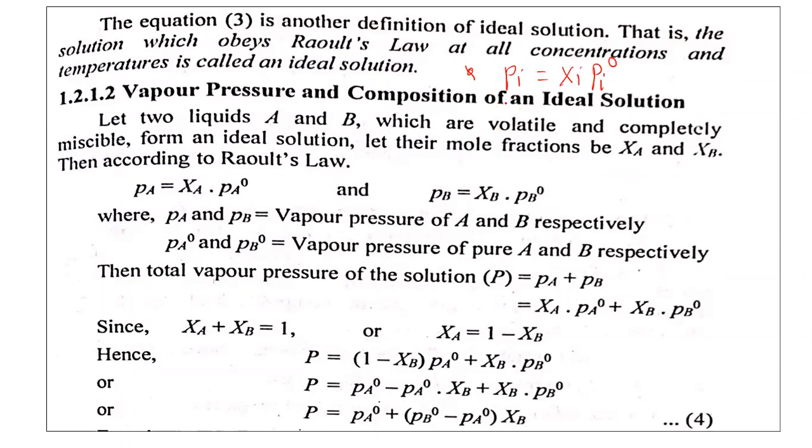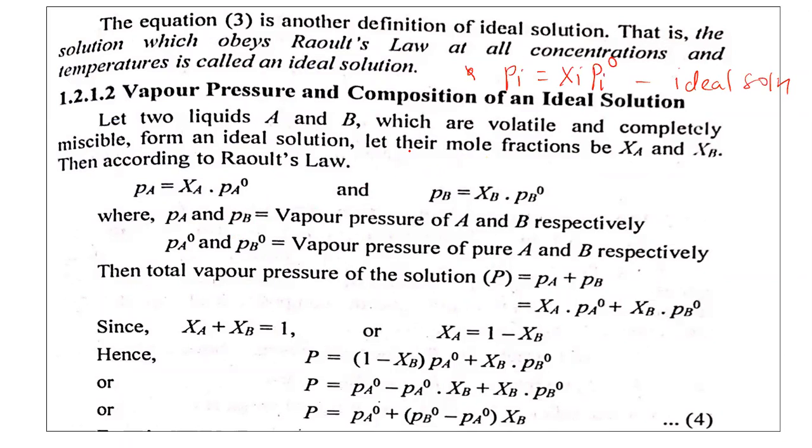So this is Raoult's law, and the solution which obeys this law is called an ideal solution. Otherwise, that solution is not called an ideal solution. Try to understand this. So a solution is said to be ideal when it satisfies the condition of ideality. So this is about the ideal solution and Raoult's law.